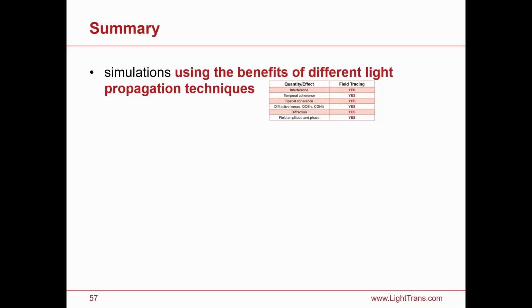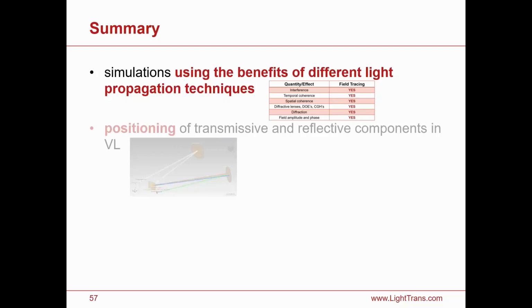Now, to summarize the whole webinar, we've seen that we have a lot of benefit if we're using different light propagation techniques to simulate such complex systems. So we were able to simulate interference, coherence, and diffraction effects. You've also seen that the positioning of transmissive and reflective components in VirtualLab is very easy.